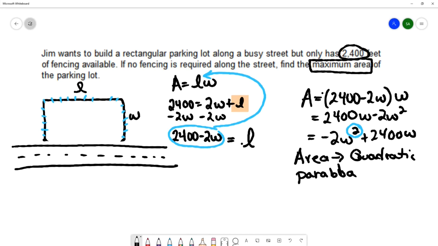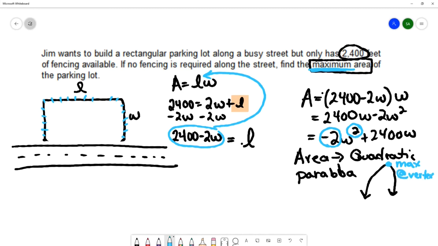And this particular parabola has a leading coefficient that is negative, and that means that it is oriented down. And the reason why that's so great for us is, remember, we're looking for the maximum area, and because it's oriented down, we're going to be able to say that the max is going to occur at the vertex.